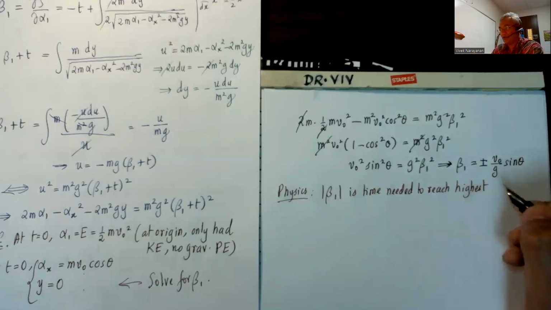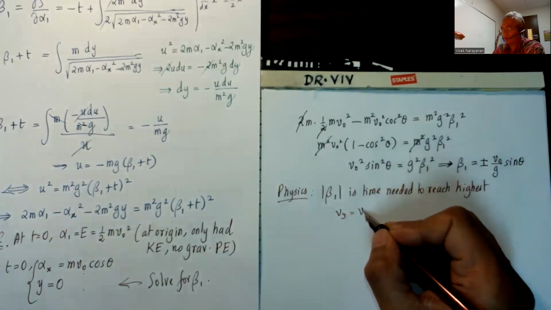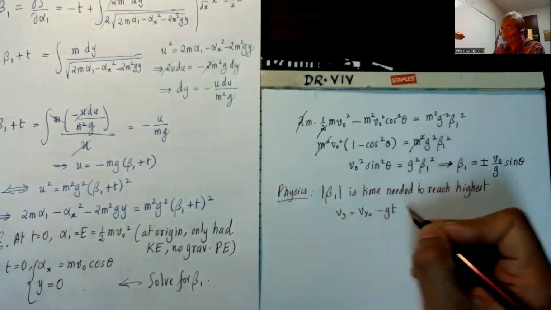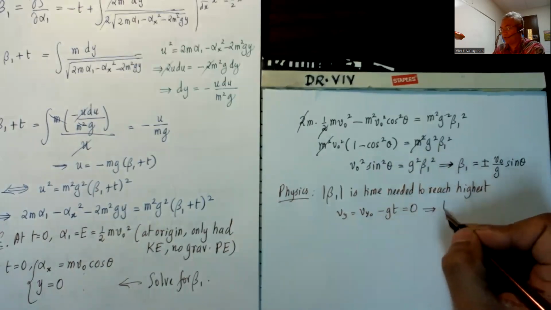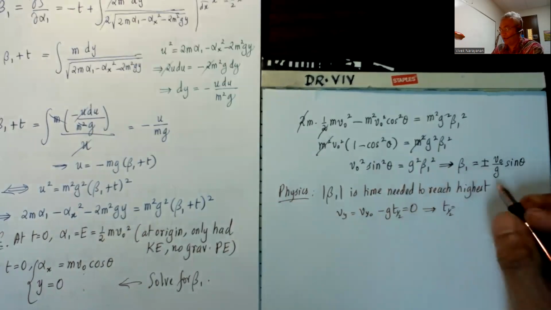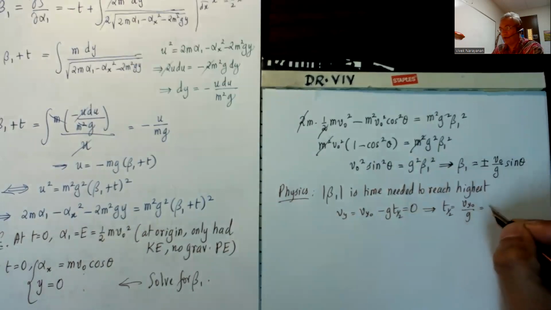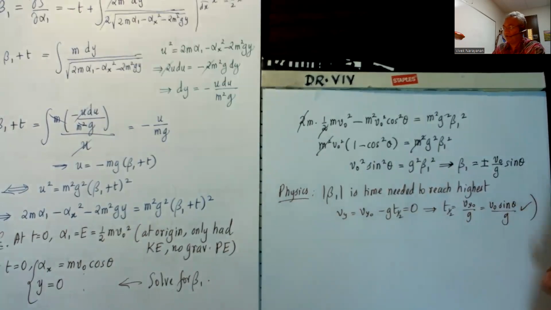Because when you reach the highest point, the y component of the velocity is 0, and we have vy equals vy naught minus gt. If you set that equal to 0, it tells me that t equals, we'll call this t half, because it's a halfway point. T half equals vy naught over g, and vy naught is just v naught sine theta, so t half is v naught sine theta over g.